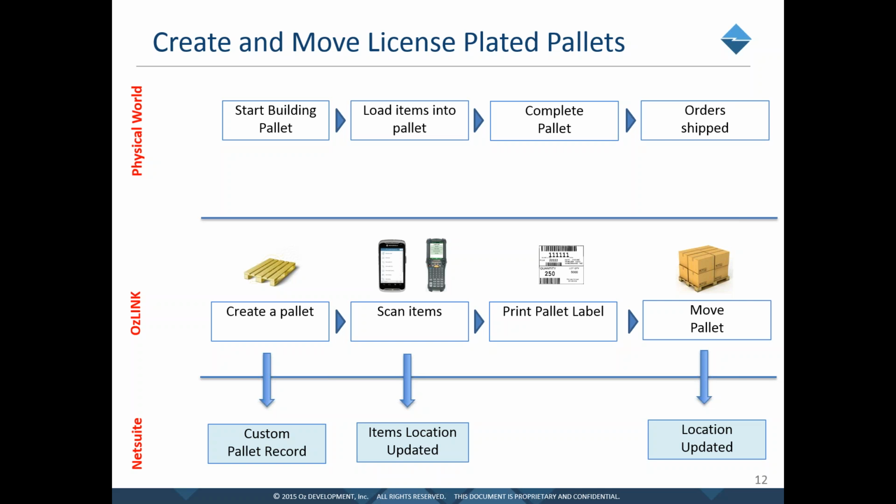In my example here in the middle swim lane, I'm using a pallet, so that once I put products onto that pallet, we can produce a label that identifies what that pallet is, and then I can leverage that mobile scan technology to move an entire group of items from a bin to a bin, or a location to a location, or even to fulfill a sales order or a transfer order or a work order without necessarily coming back and scanning each individual unit or master pack. So it's an area where the license plate is something that can be built internally just as frequently as it's something that you're receiving against and then leveraging throughout your workflow.